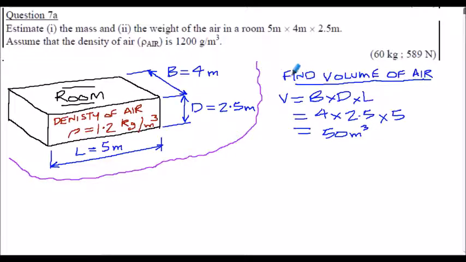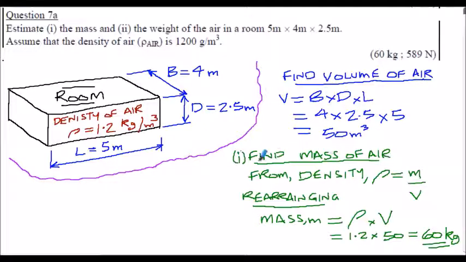So let's find the volume of the air. The volume is B multiplied by D multiplied by L. Multiplying our three dimensions together, the volume is 50 meters cubed. So we can now find the first part of the question. The mass from density, rho, is equal to the mass divided by volume.